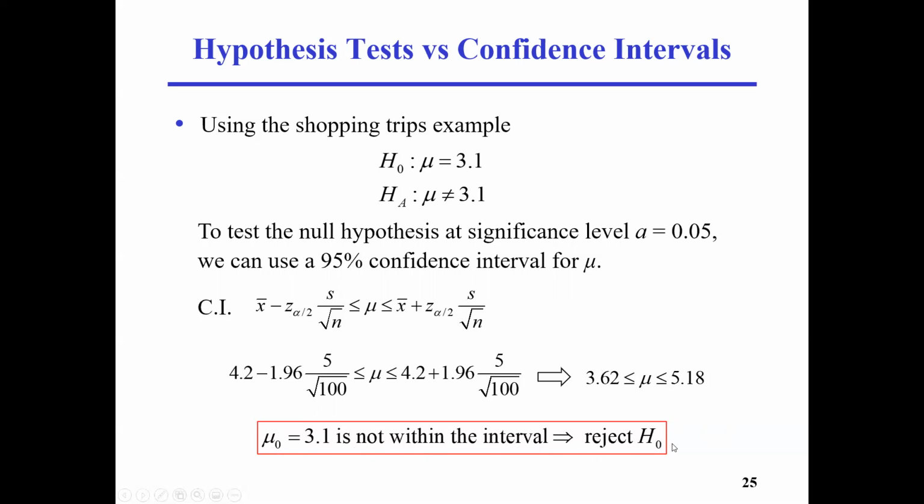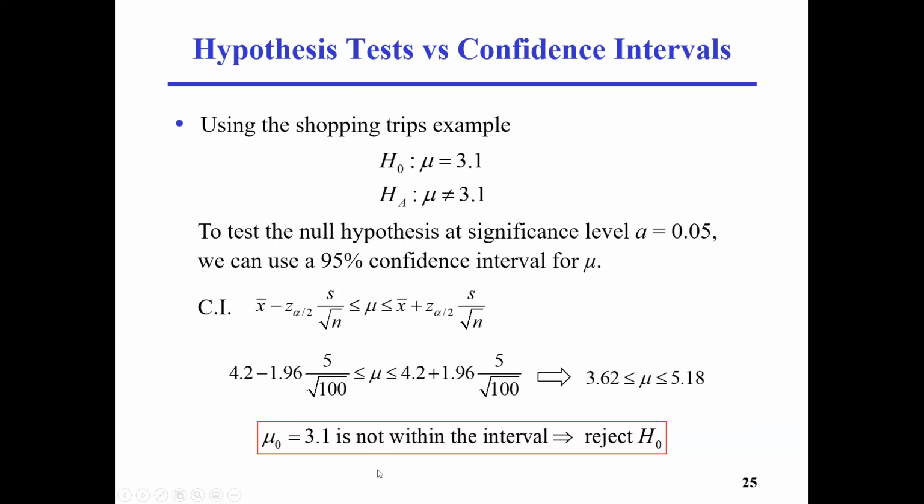Then we reject H0. You can see here, we did not calculate the z-test. We did not even find the critical values for hypothesis testing. We created a confidence interval and used it to decide if we should reject H0.